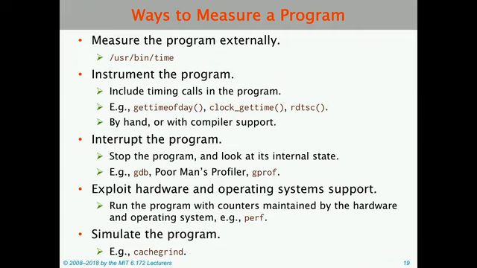And you can either do this by hand, where you say, I'm going to time something myself, or it turns out you can have compiler support for taking timing measurements. But what that involves is changing the program in order to put these timing calls in. And of course, if you're putting these timing calls in, you can be changing the timing. So you've got that problem to worry about as well.